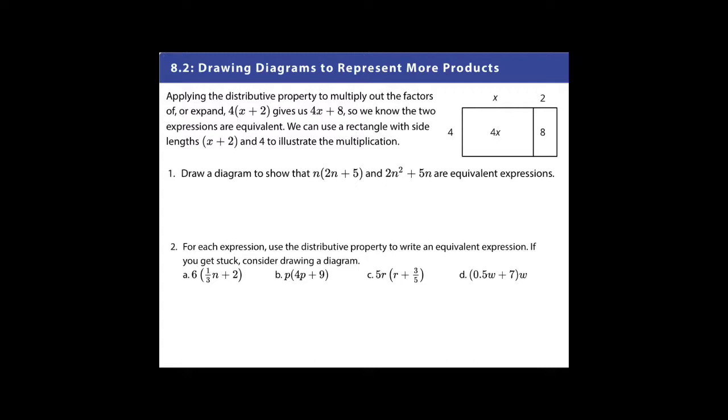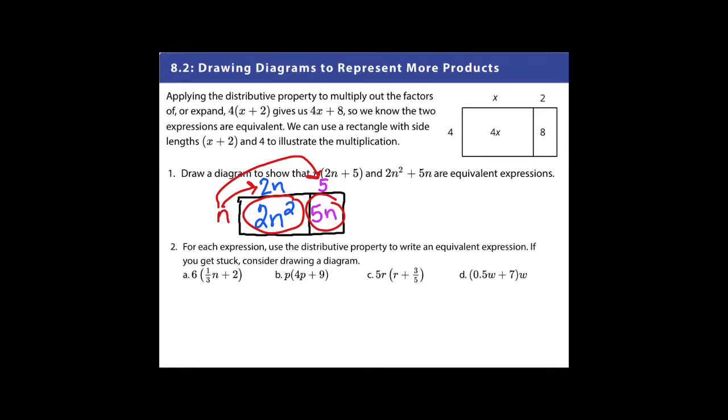Number 1, draw a diagram to show that n times the quantity 2n plus 5 and 2n squared plus 5n are equivalent expressions. So here, this is what the diagram should look like because you would take your n times your 2n and your n times your 5, and you'll get these two areas.